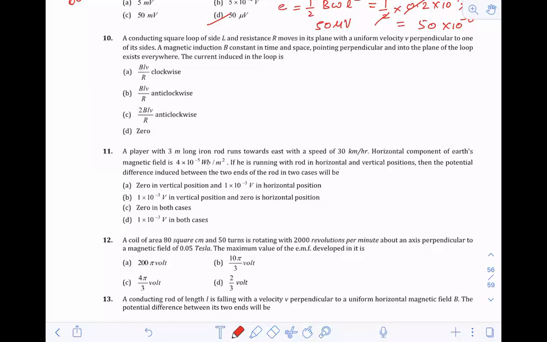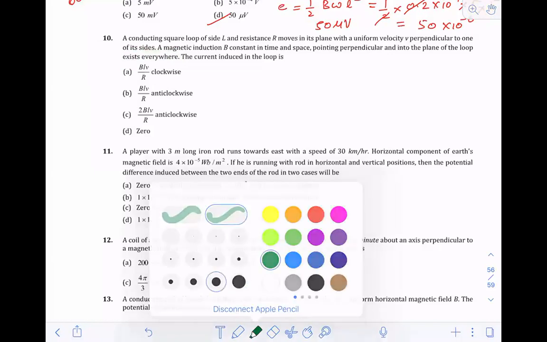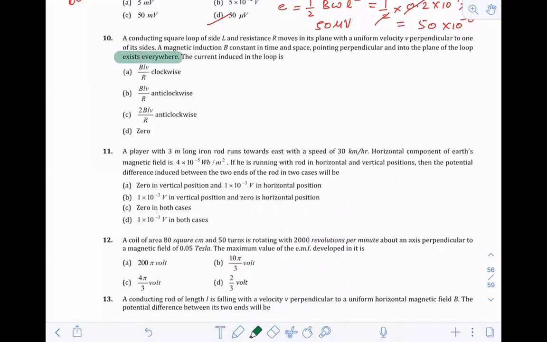It's option D. Now see, in this question they have said that it exists everywhere. That is the main thing. When it exists everywhere, that means there is no change of flux, because everywhere the same field is there.